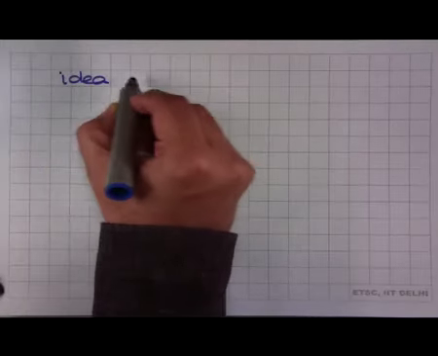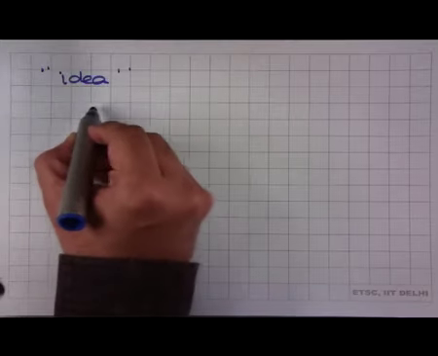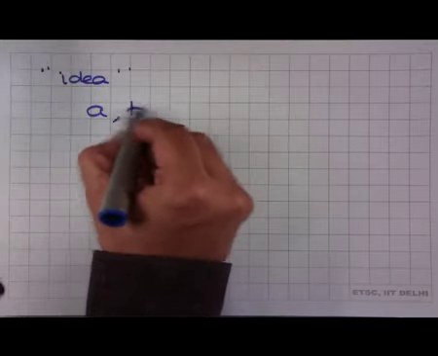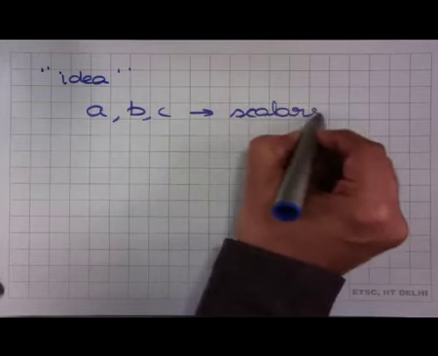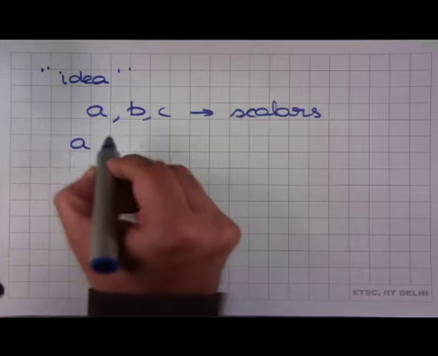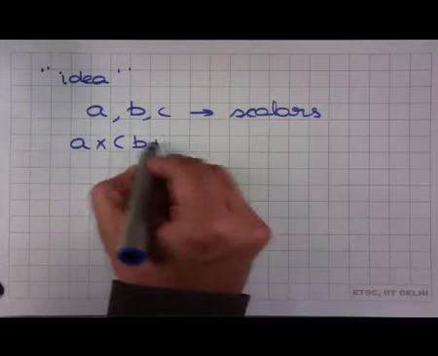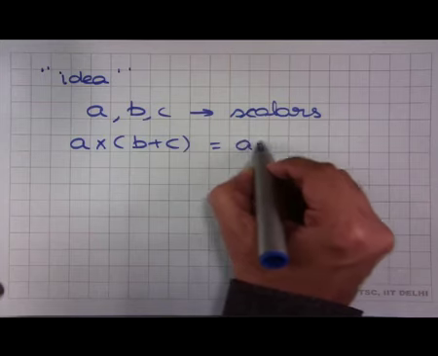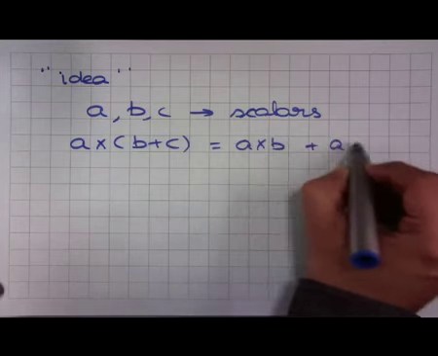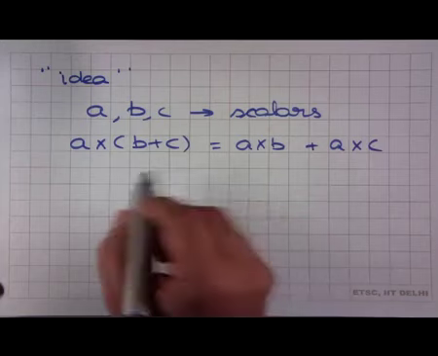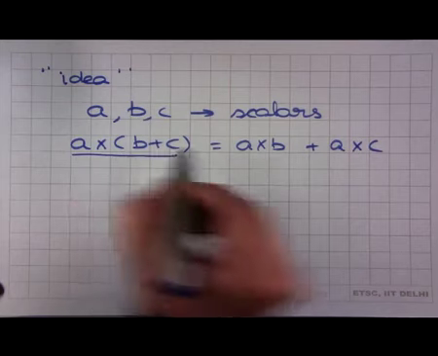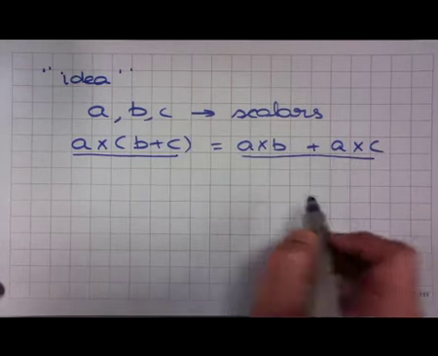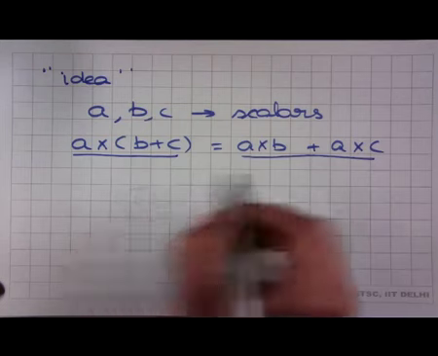Consider three numbers a, b, c, which are scalars. We know that a times (b plus c) is equal to a times b plus a times c. So these two are equal. In principle, given any three numbers, we can compute using either form, but there is a difference in the efficiency of the two processes.